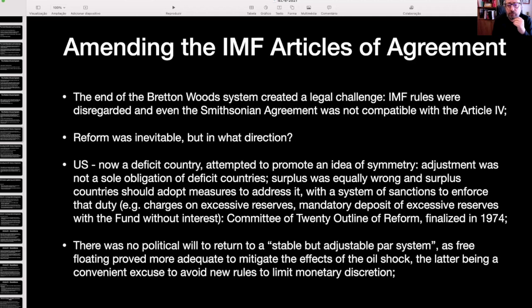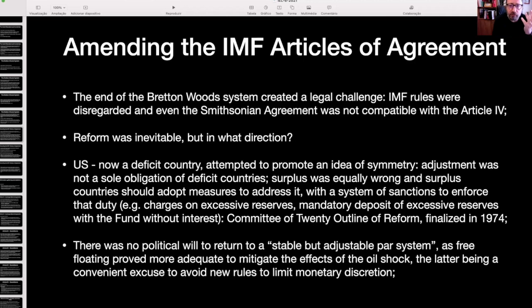However, there was no political will, as you see here, to go back to a system of stable but adjustable exchange rates. So free floating became the rule. Plus, in the early 1970s and in the late 1970s, we had the first and second oil shocks because of the tremendous increase in the price of oil.